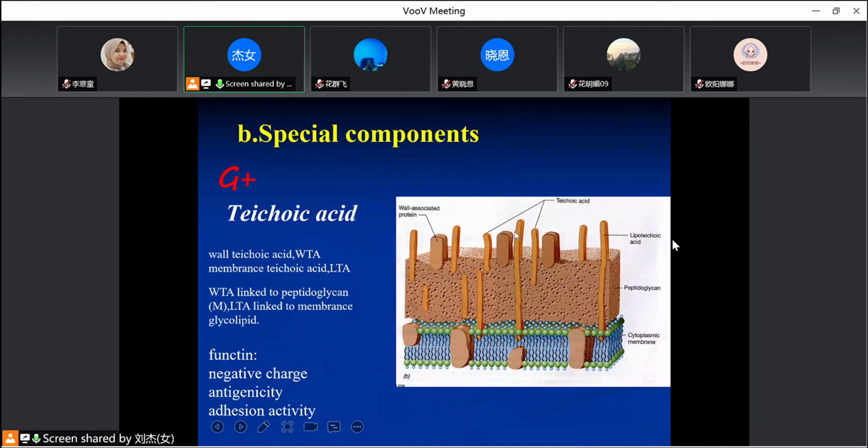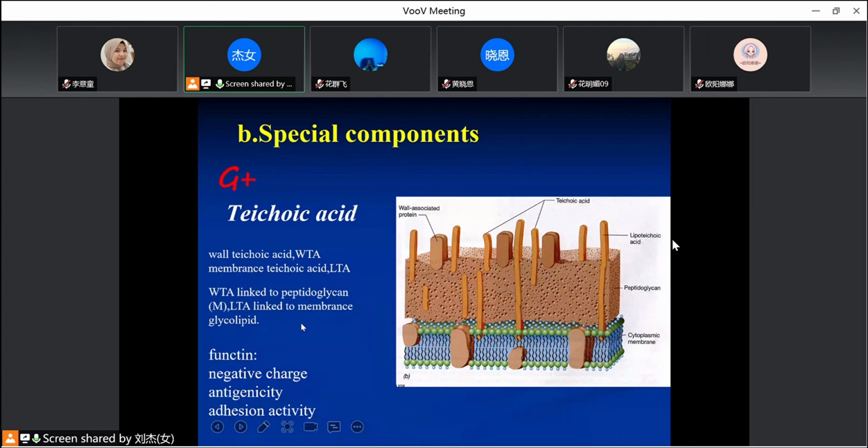Some of them grow from the peptidoglycan, but some of them grow from the cytoplasmic membrane. This one is called wall teichoic acid. This one is called membrane or lipoteichoic acid, as we introduced just now. So wall teichoic acid is WTA, and lipoteichoic acid is LTA.